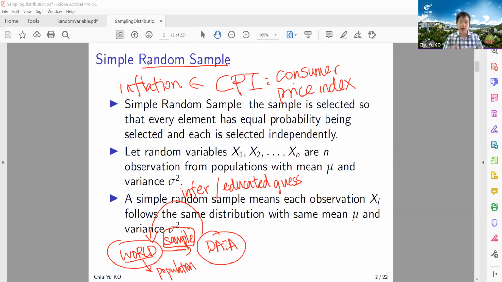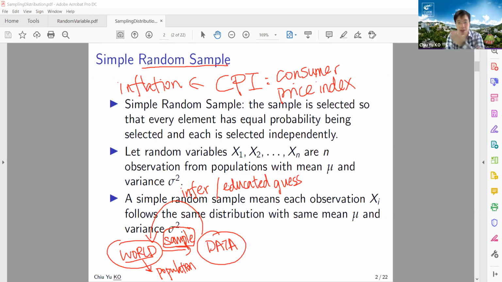It asks about the average consumption basket: how much you spend on food, housing, and transport each month. Then you look at the consumption of the average consumer. How do you get the average consumer? You pick, say, 1,000 people, ask them their spending pattern, and get the data from those.